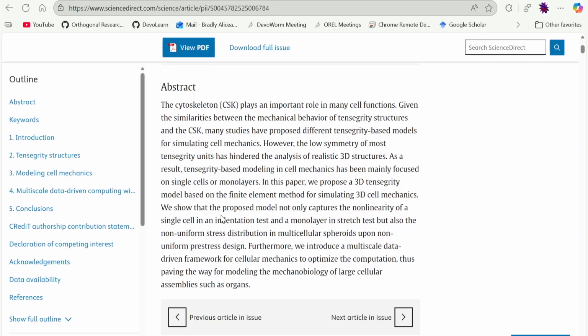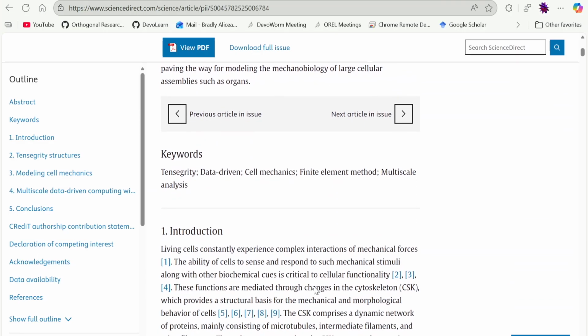We show that the proposed model not only captures the nonlinearity of a single cell in an indentation test and a monolayer in a stretch test, but also the non-uniform stress distribution in multicellular spheroids upon non-uniform pre-stress design. Furthermore, we introduce a multi-scale data-driven framework for cellular mechanics to optimize the computation, thus paving the way for modeling the mechanobiology of large cellular assemblies such as organs.